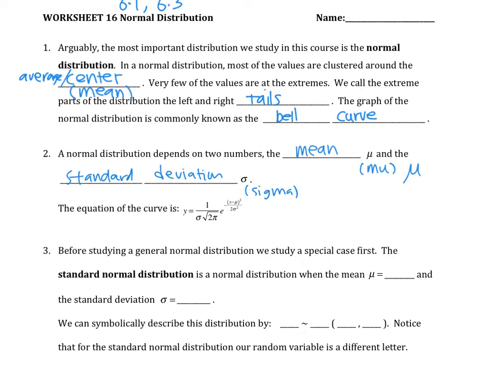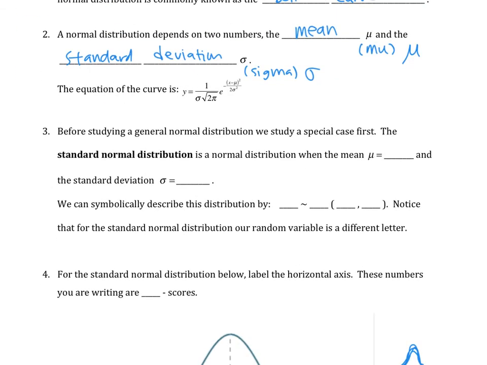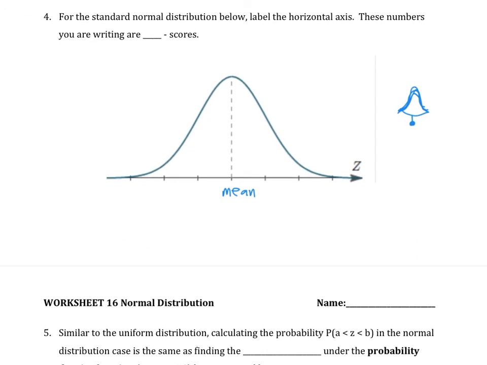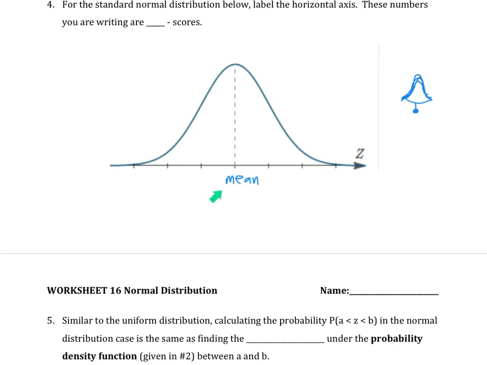It's like a 6 sideways. So if I look at the graph, the one in the middle is the mean, and I'll use the symbol mu. Notice the tick marks: each tick mark is one standard deviation, this way and this way too, and so on and so forth.